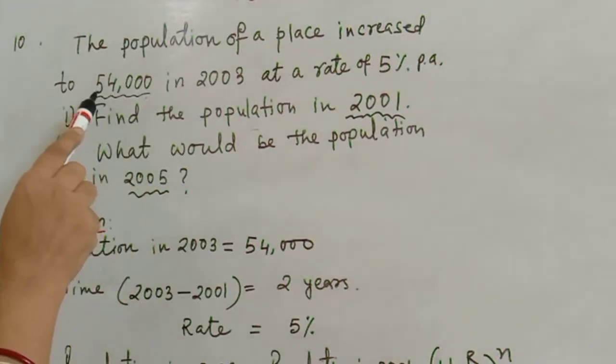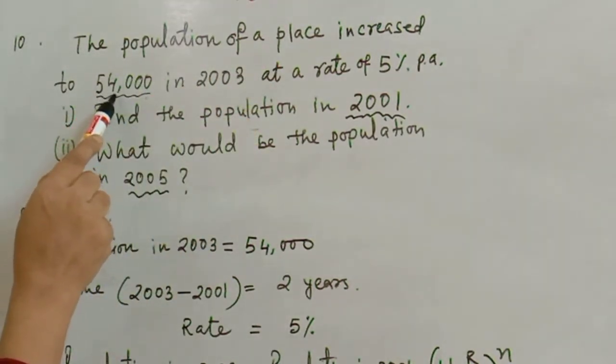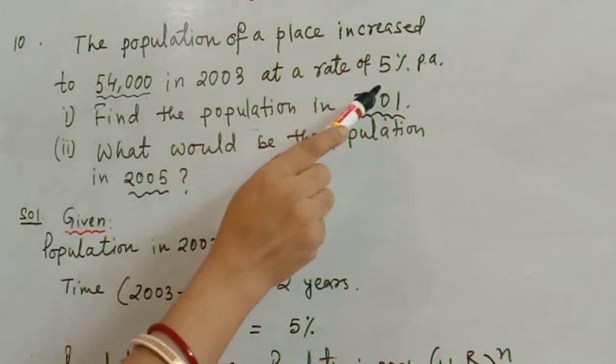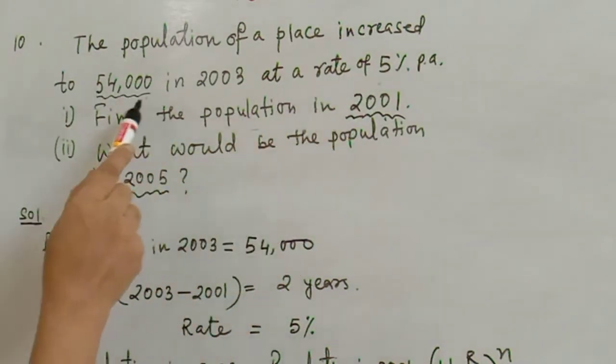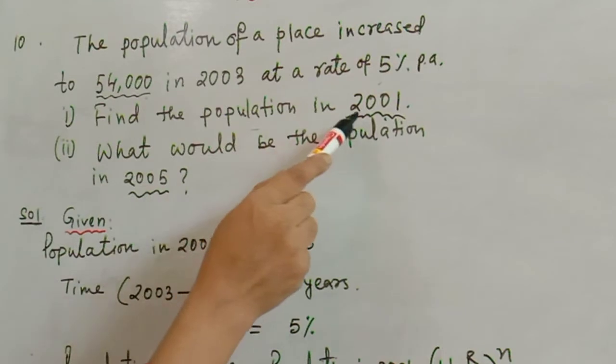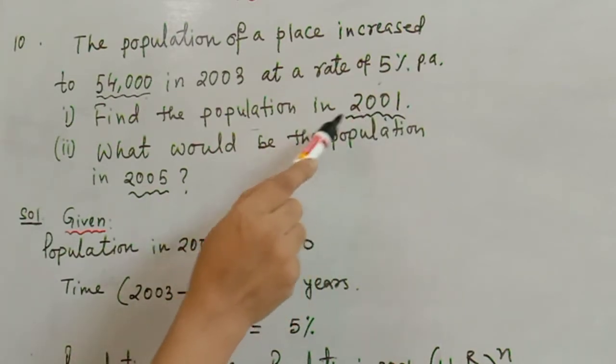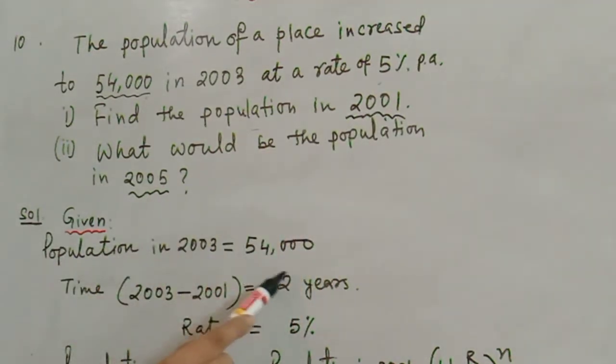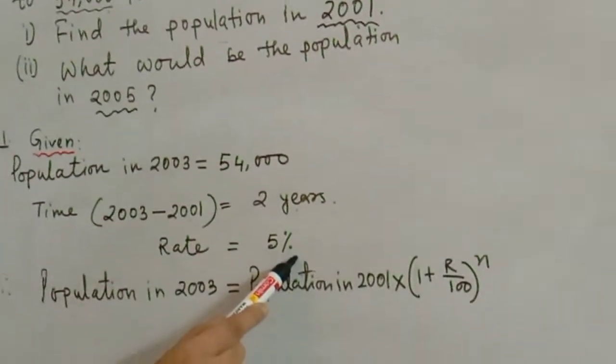So here the increased population is given, 54,000 in 2003, at the rate of 5%. Then you have to find the population in 2001 in the first case. Given population is 54,000. Between 2003 and 2001 the gap is 2 years, so time is 2 years, rate 5%.